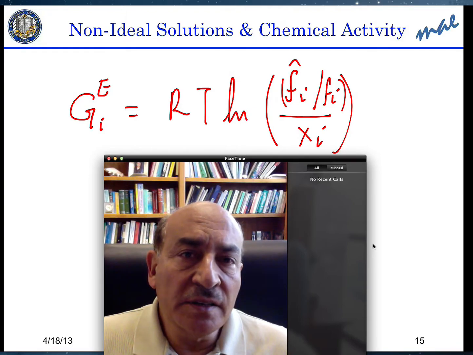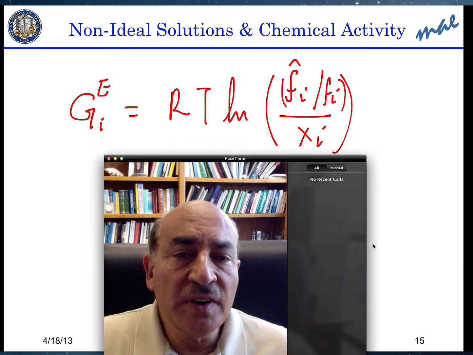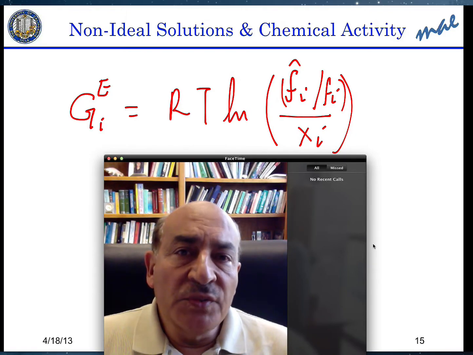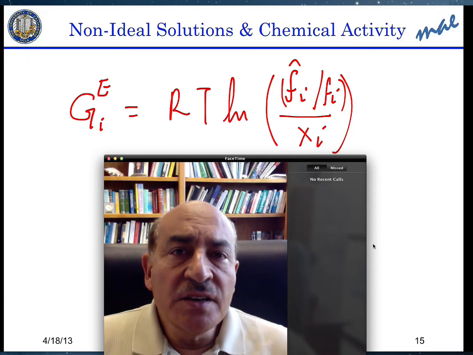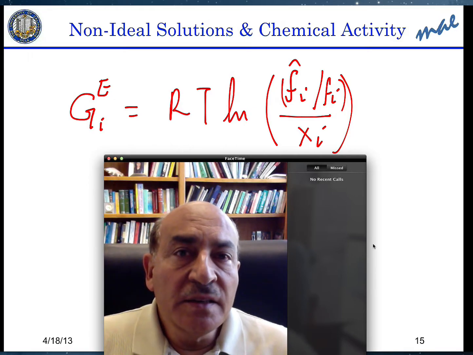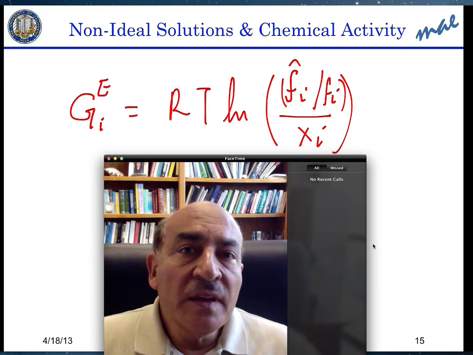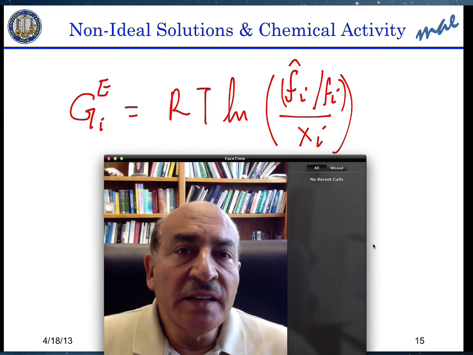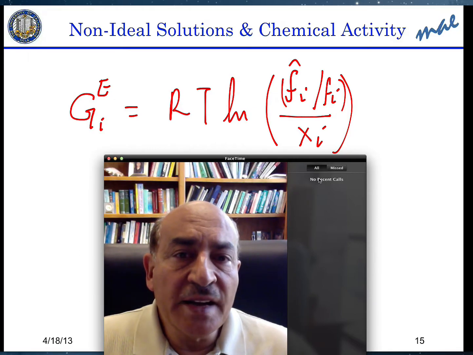And for the first time now, we're going to define the term activity. Remember that before, when we were talking about gases, we defined the fugacity coefficient phi sub i hat in the mixture. And here we're going to define another term that is equivalent, called the activity coefficient.